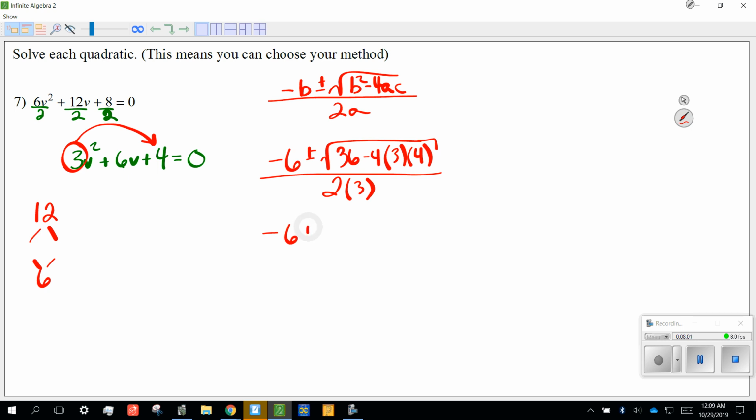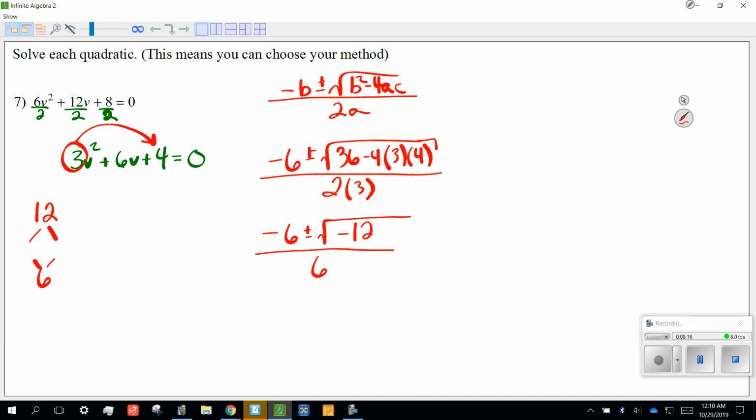So we got negative 6 plus or minus the square root of 36 minus 48. So that's negative 12 over 6.